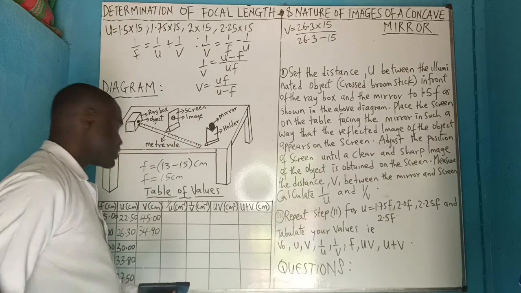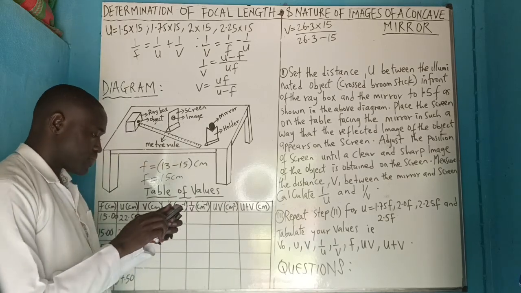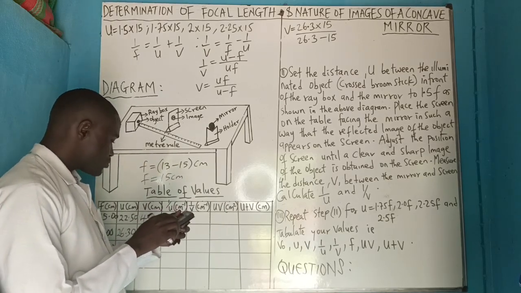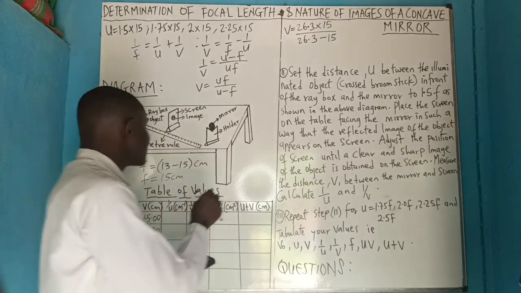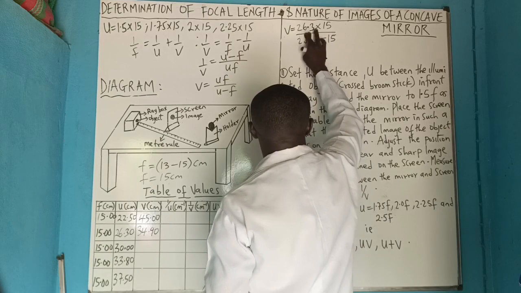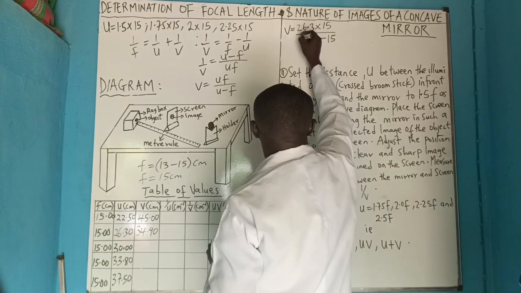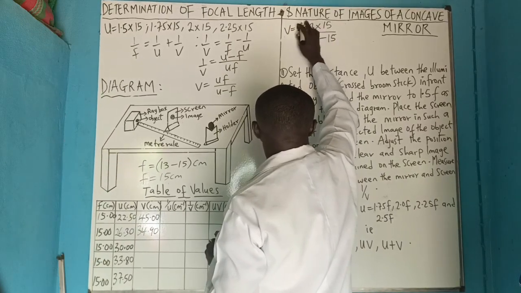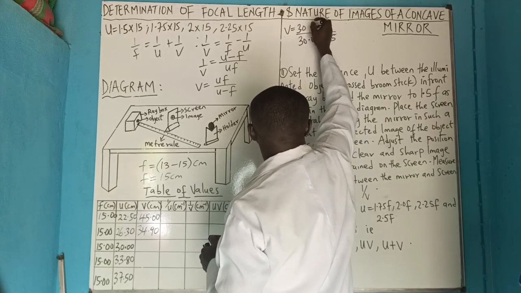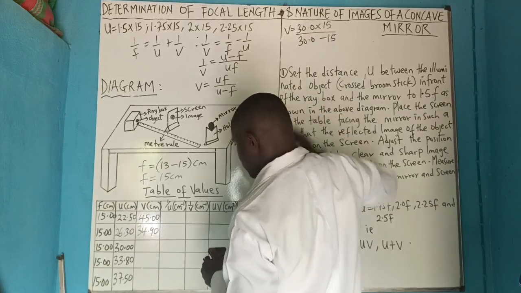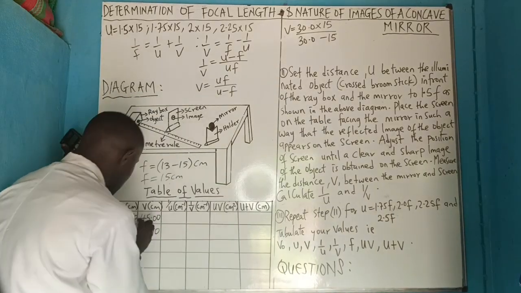That is what we are getting it to be. Okay. So we go for the next one, 30. We change 26.3 to 30.0. Let's write this clearly.